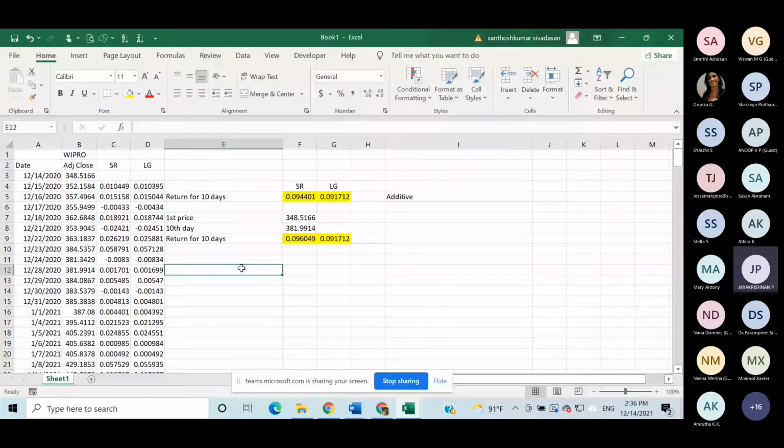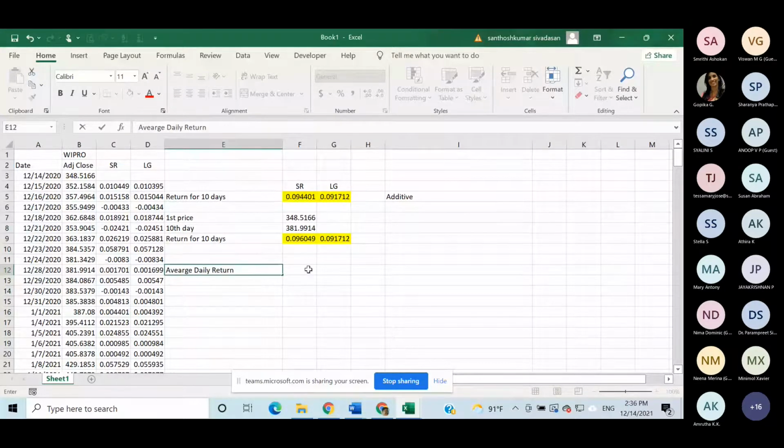So now we come to the 1 year of daily data, where daily returns are there. From this we are finding the average daily return. The formula is simple: equal to average.